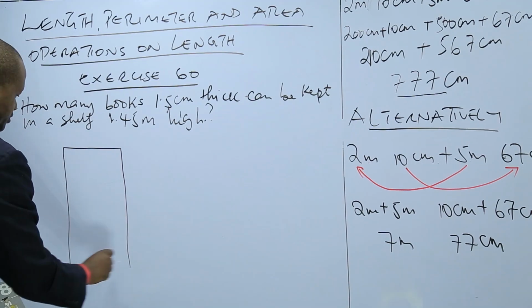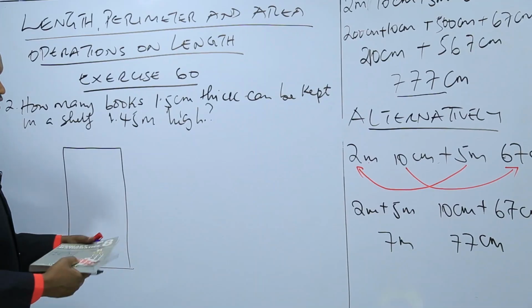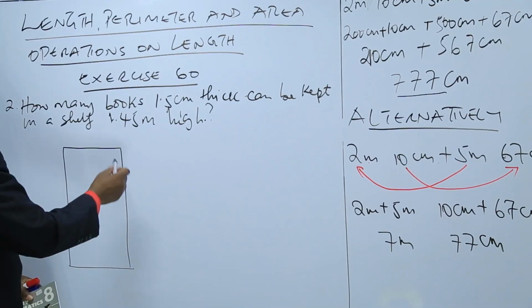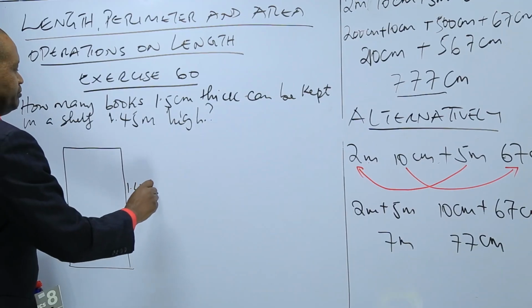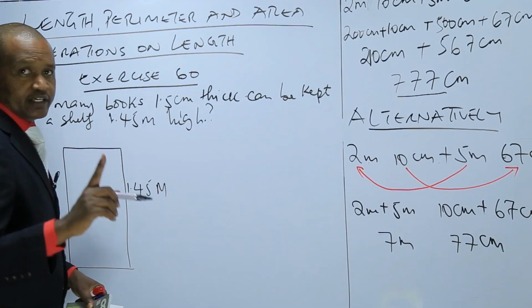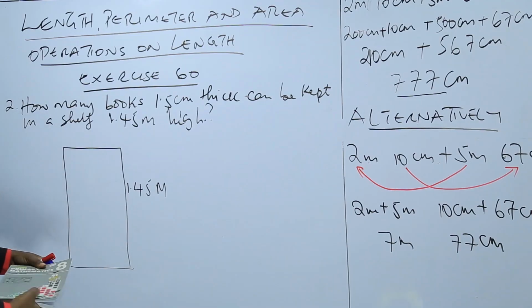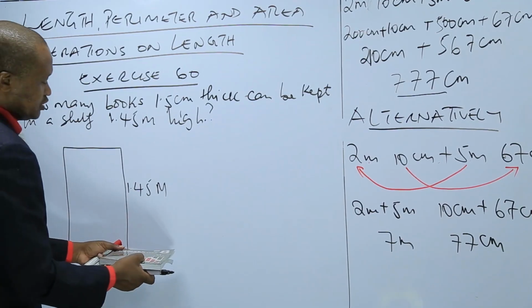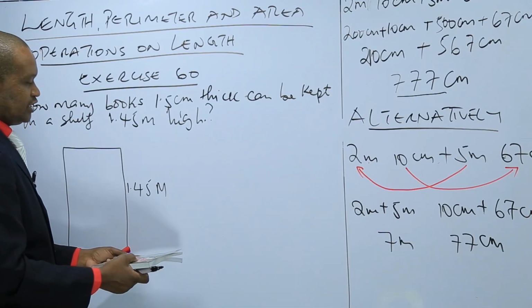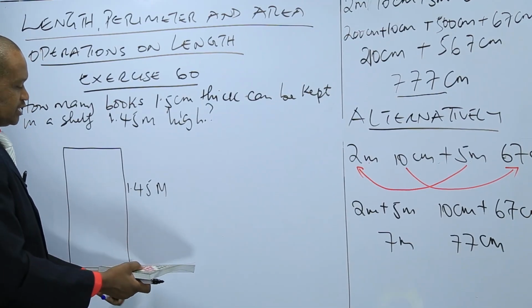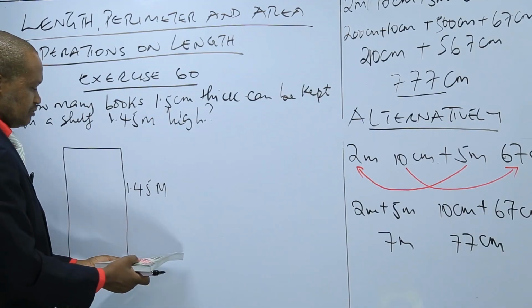If this is to be, say, a shelf, and this shelf is 1.45 meters high. So the question is, how many books can be kept in this shelf, assuming that the thickness of the book is 1.5 centimeters?